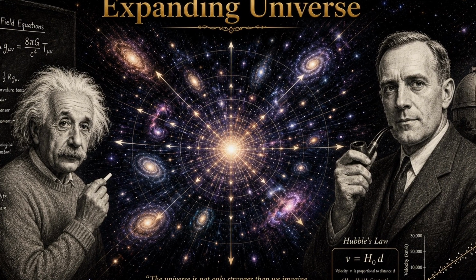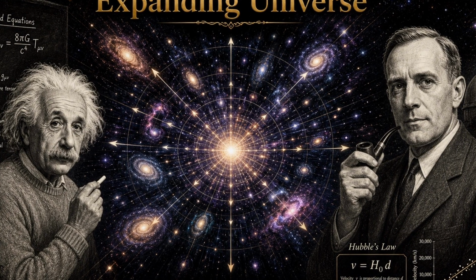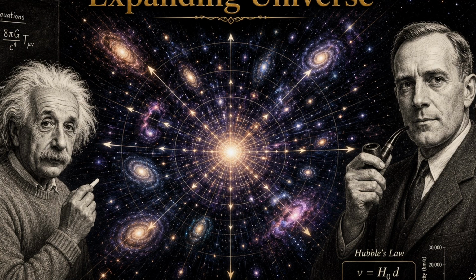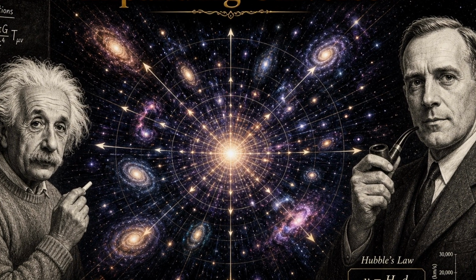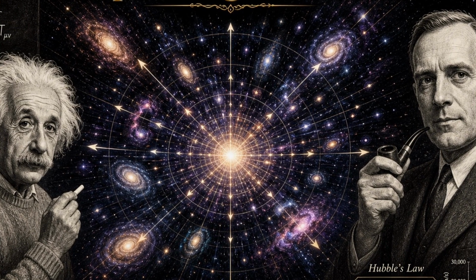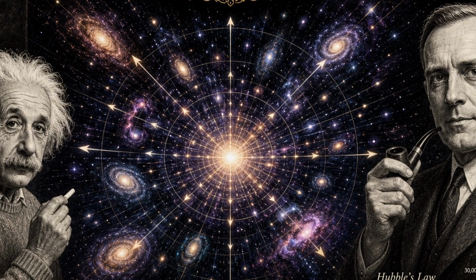The assumption was not a measurement. It was adopted because without it, the mathematics did not yield a tractable solution. Einstein himself introduced the cosmological constant lambda in the same 1917 paper, attempting to force a static universe from equations that naturally predicted a dynamic one, a decision he later called his greatest blunder.